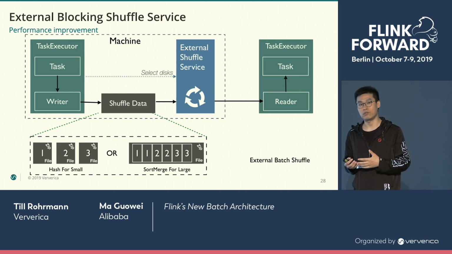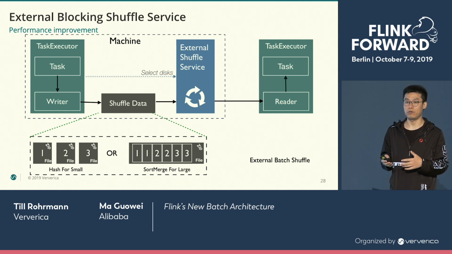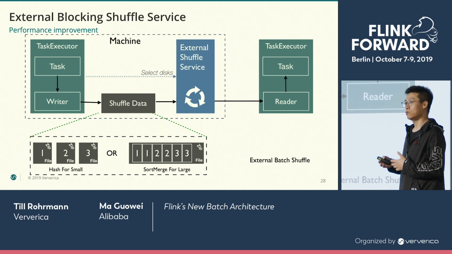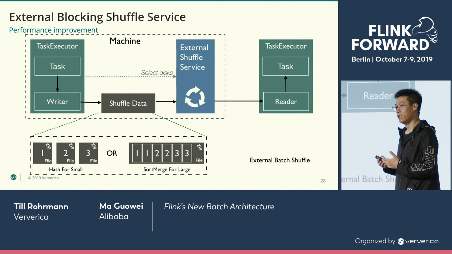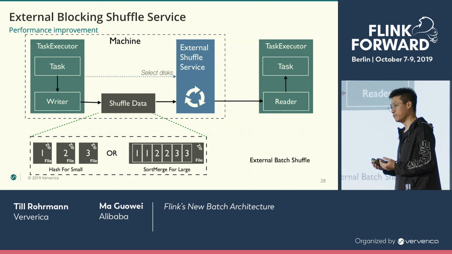The default shuffle service uses hash shuffle mode. The pros of the hash shuffle mode is that it's very fast because there is no sorting at all. There is no extra memory overhead, and there is no overhead of extra I/O operations because the data is only written once and read once.